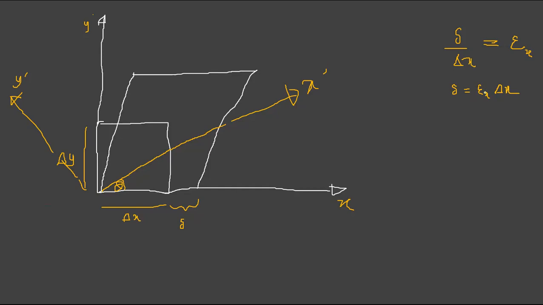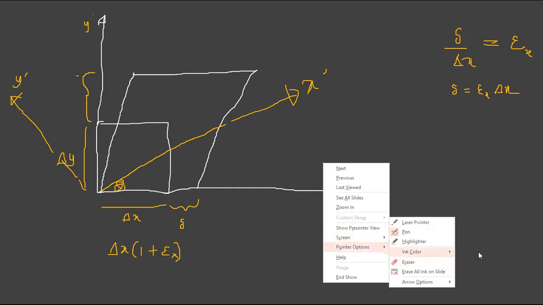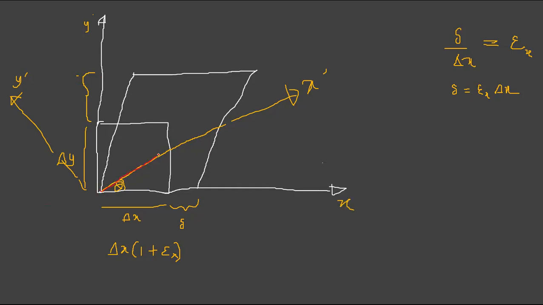This delta is epsilon x into delta x. You can take delta x out and write 1 plus epsilon x. And similarly, this is the deformed, so this is the original, right? So let's say this is delta s.